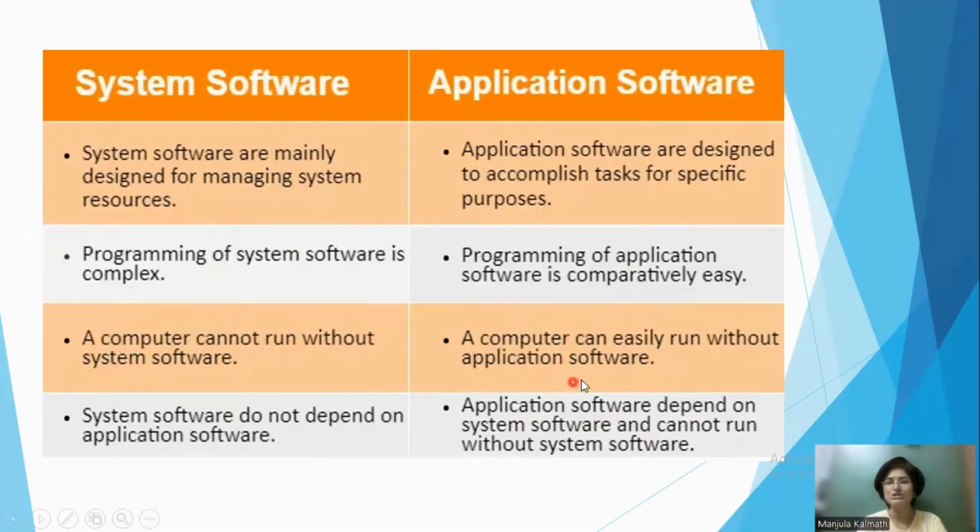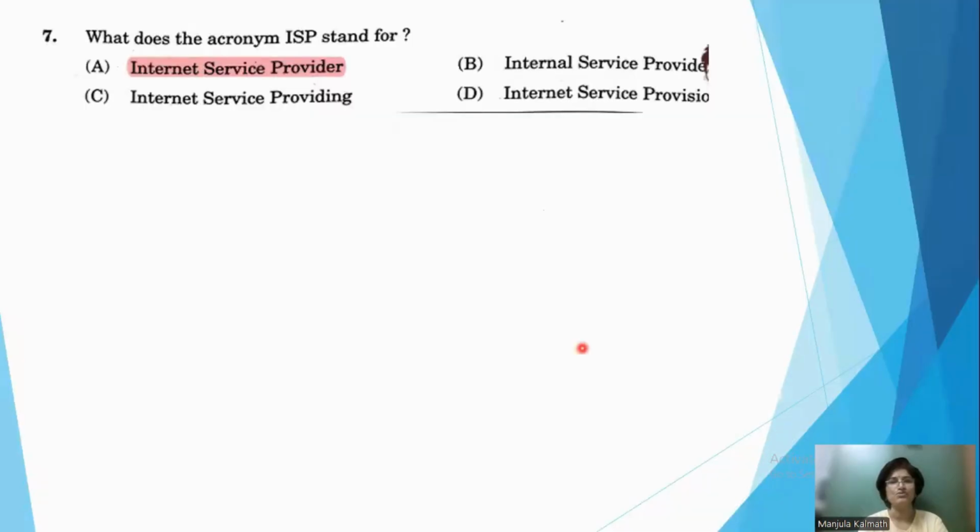But other application programs cannot run without this platform. Here this is independent, only one system software, that is the operating system, is sufficient to work in the system. And this one is dependent. Without system software, application software cannot work. These are the genuine differences between system and application software we can notice.